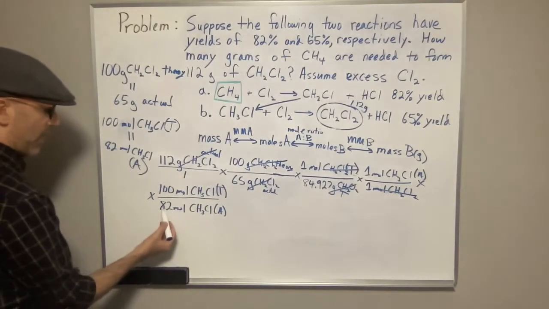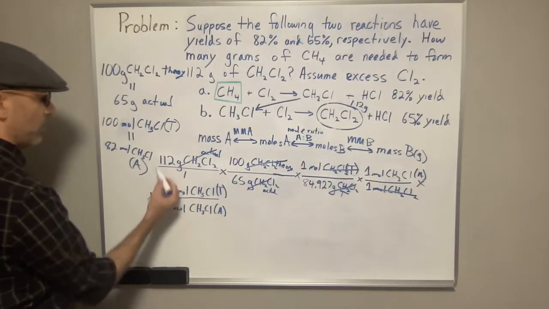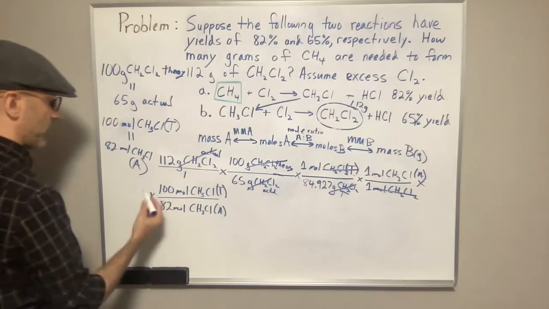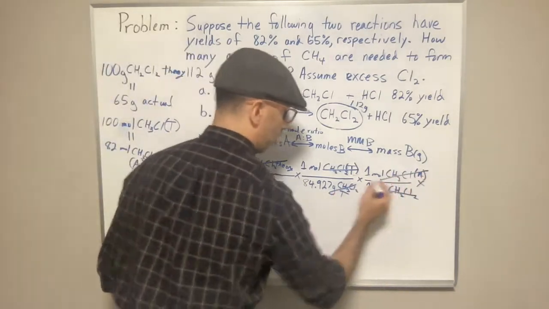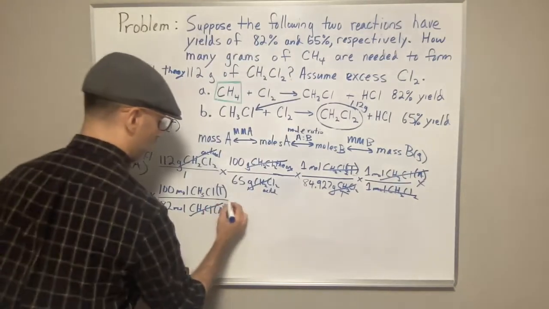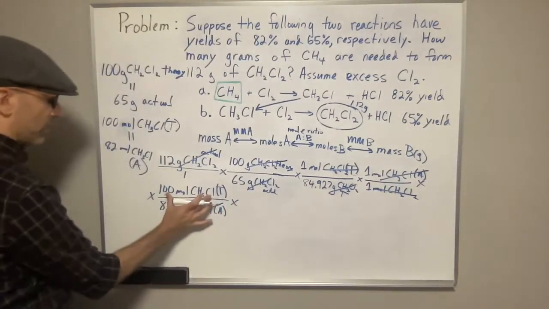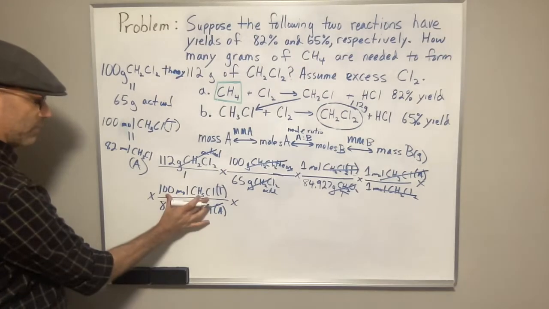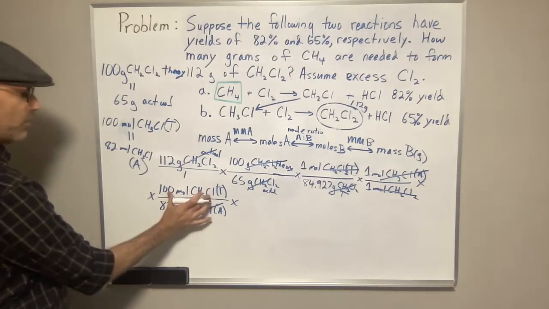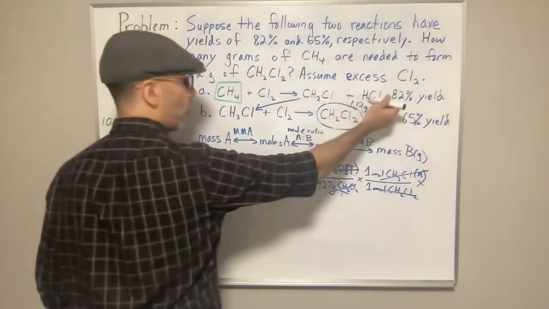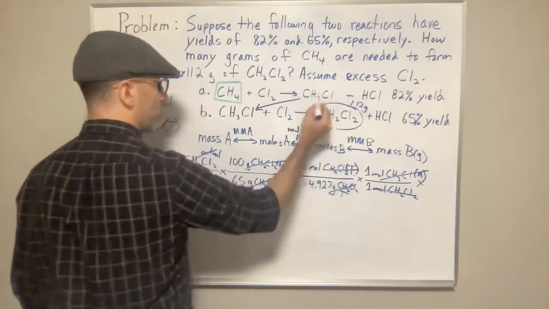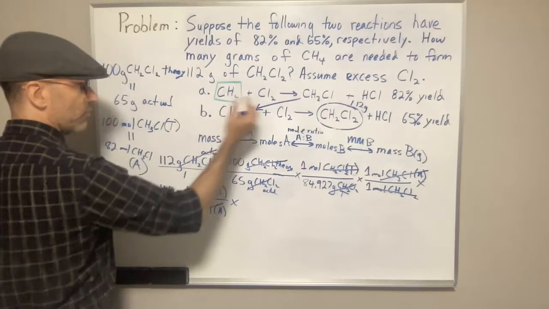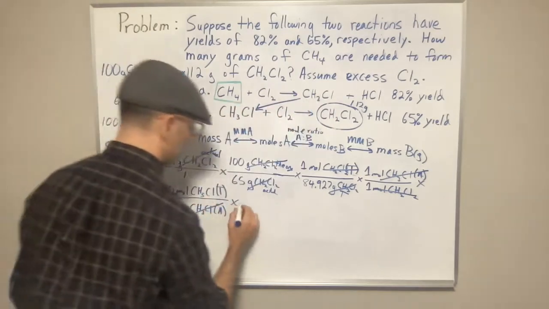I have 82 moles of actual and 100 moles of theory on the top. So the actual moles cancel out, and now I have moles of what I should have gotten from my reaction. Now I can go back this way using the mole ratio. I have 1 mole of this for every 1 mole of this, so the mole ratio is 1-to-1.